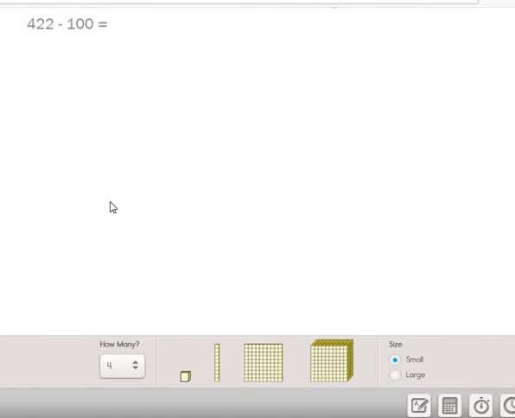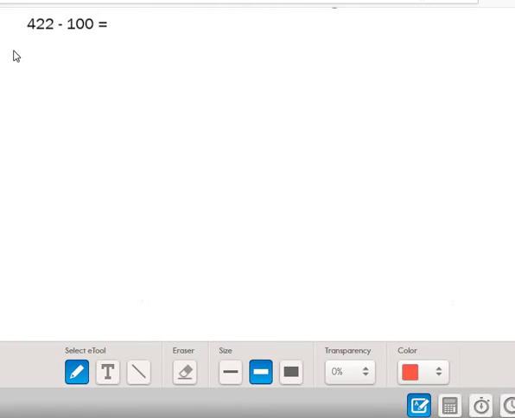Now let's solve another example. What if we have 422 minus 100? The same idea. We can use a basic fact. What's the basic fact that we can use here, grade 2? The hundreds digit here is 4, and the hundreds digit here is 1. So we need to subtract this 1 from this 4. So 4 minus 1 equals 3.